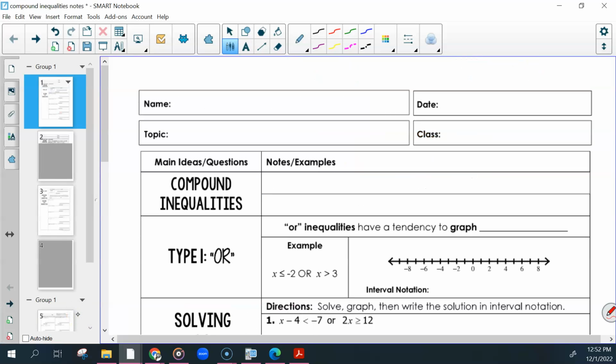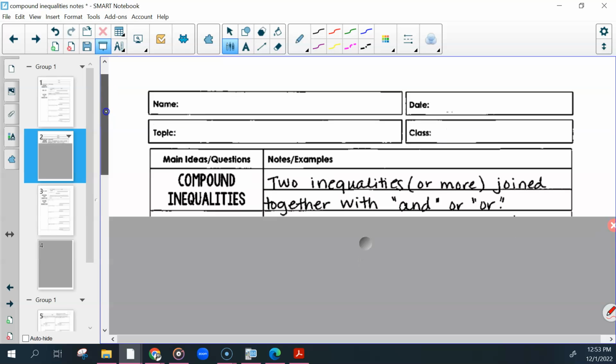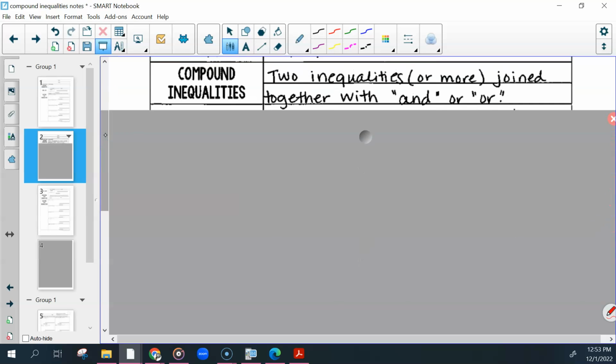Okay. So everyone should have these notes in front of them. Write down this definition. So last class we talked about multi-step inequalities. Today we're talking about compound inequalities. So that is two inequalities or more joined together with and or.